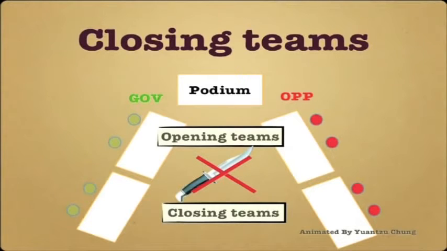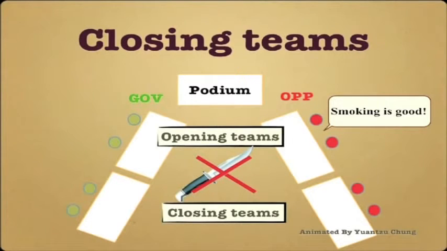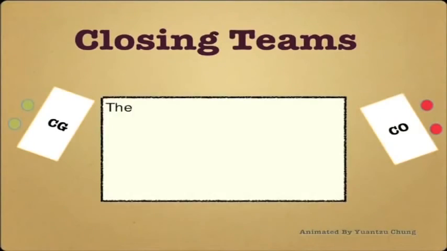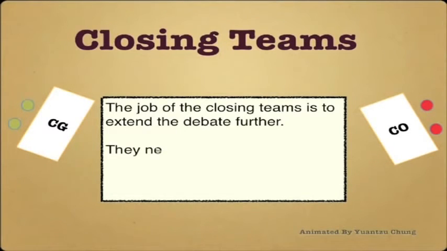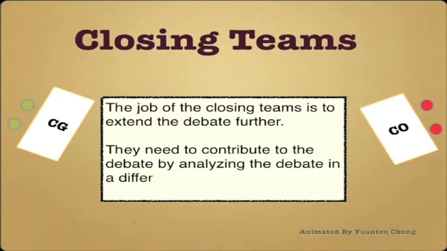For example, if an opening team says smoking is good, the closing team will have to stick to that stance. They cannot say smoking is bad, or they will lose the debates. The job of the closing teams is to extend the debates further. They need to contribute to the debates by analyzing the debates from a different perspective.